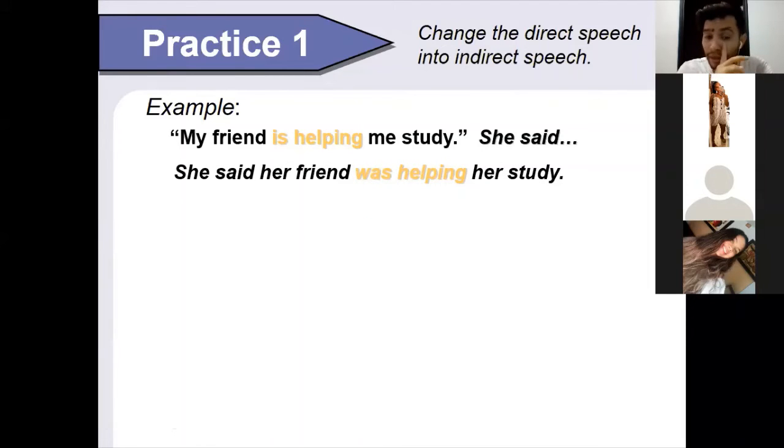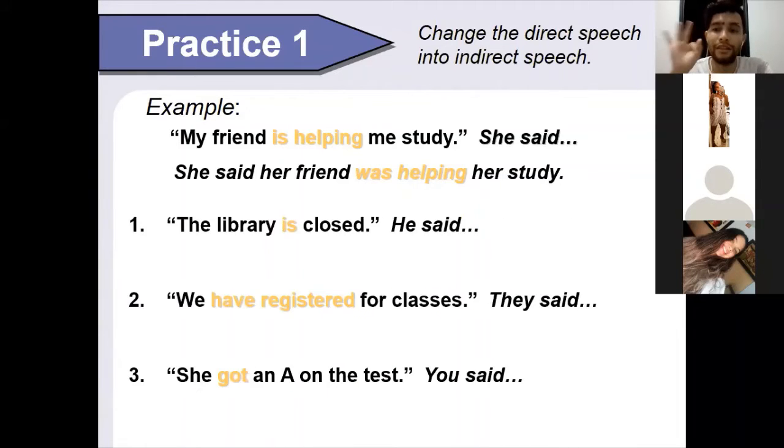Very good, Miss Madeleine. That was excellent. Again, this was present progressive, and in the reported speech, we use the past progressive. Very good. Now let's move on to the next three exercises. 1, the library is closed, he said.